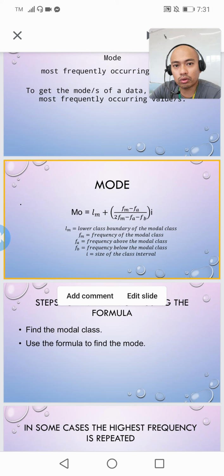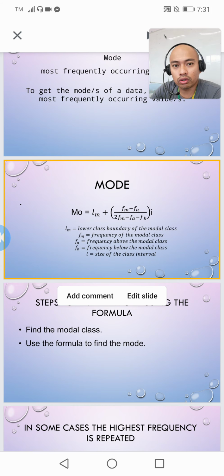Okay, so I often denote mode as M sub O. There are authors that they symbolize mode, or they use an acronym MOD as the symbol for the mode. Okay, there are also authors who are using X sub O, which represents the mode of a particular data. However, I'm using M sub O as the symbol for the mode.